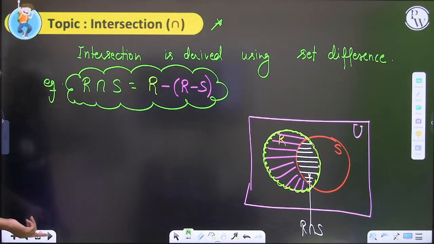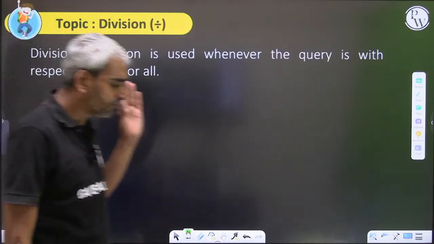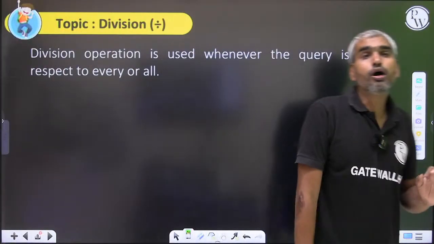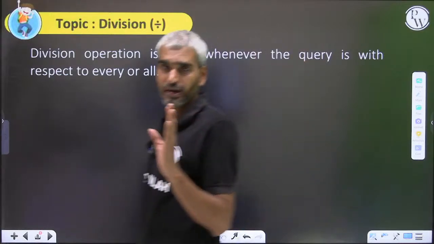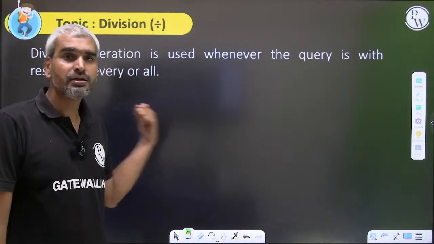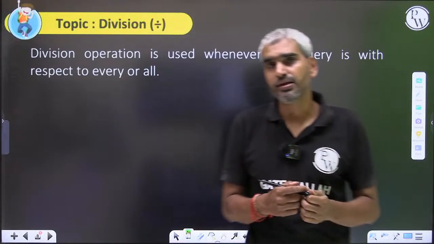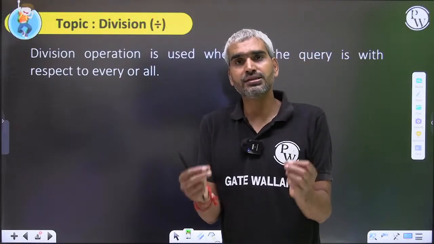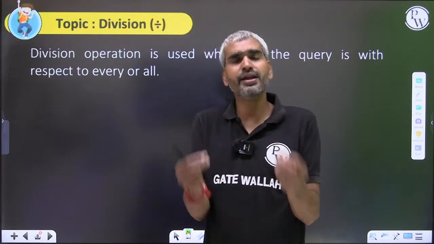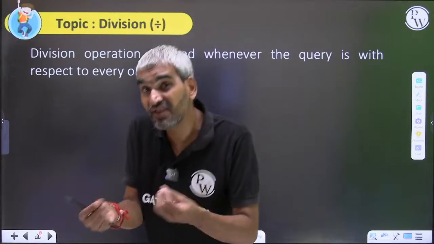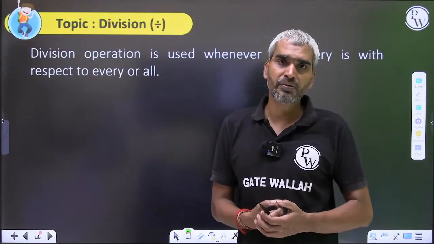Okay, so let's begin with one of the most important operations of relational algebra. It's a single operation, a derived relational algebra operation. First of all, when exactly will you require the division relational algebra operation?